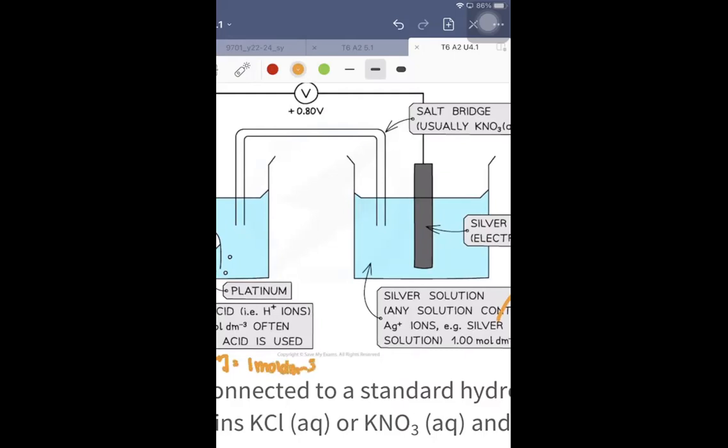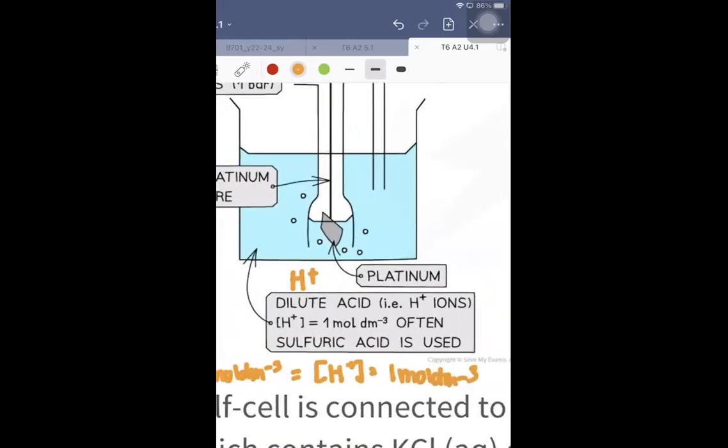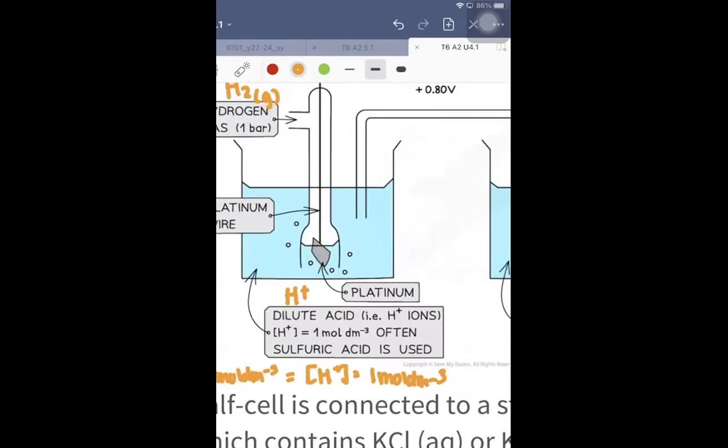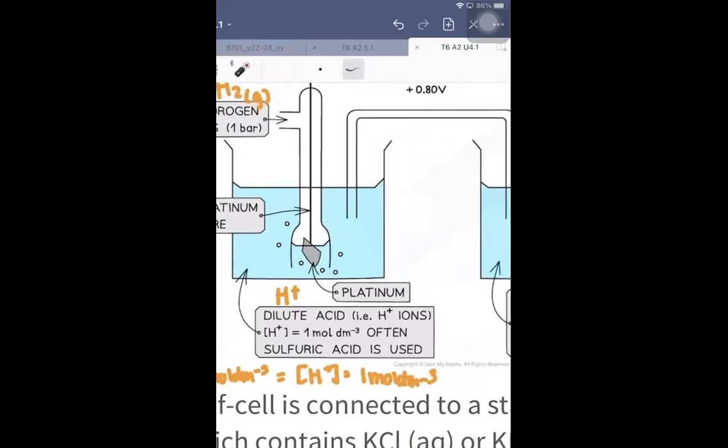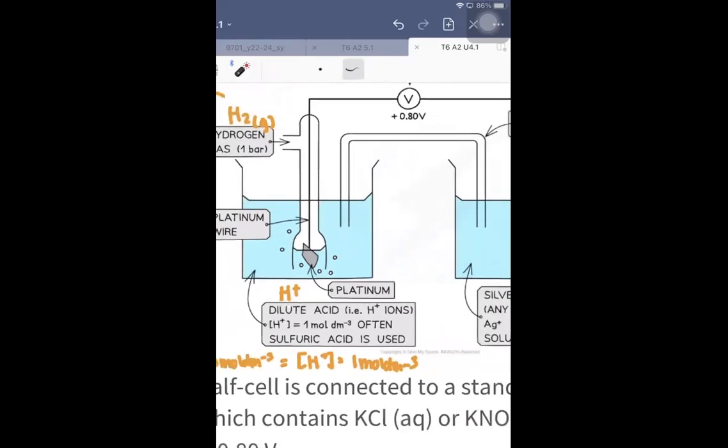Okay, if you're wondering why I need to only use 0.5 mole per dm cube, it's because of this. Sulfuric acid is a strong acid, 2H plus plus SO4 2 minus. Okay, so whenever you supply 0.5 mole per dm cube, the concentration of the hydrogen ions will double that number, which turns out to be 1 mole per dm cube.